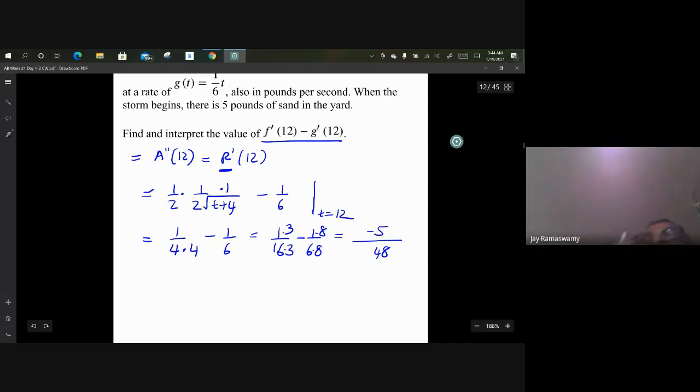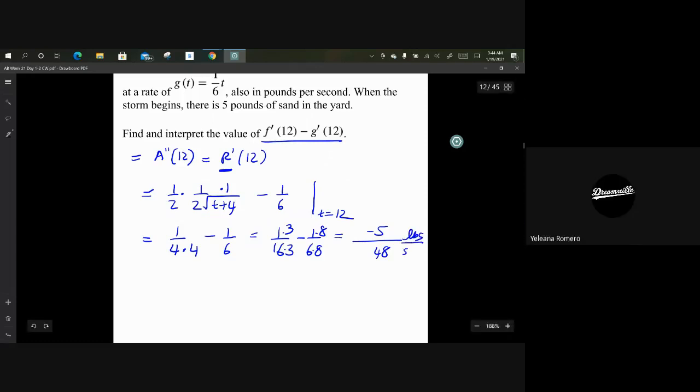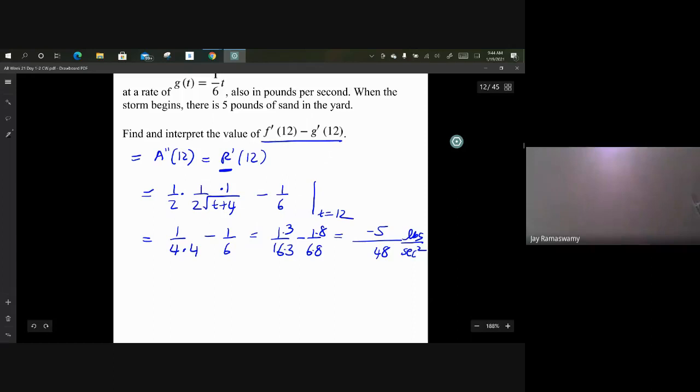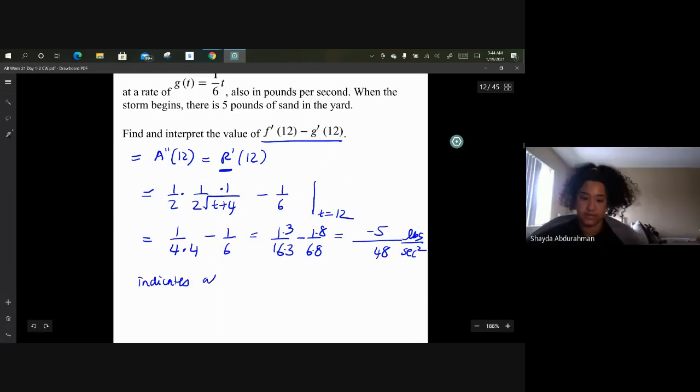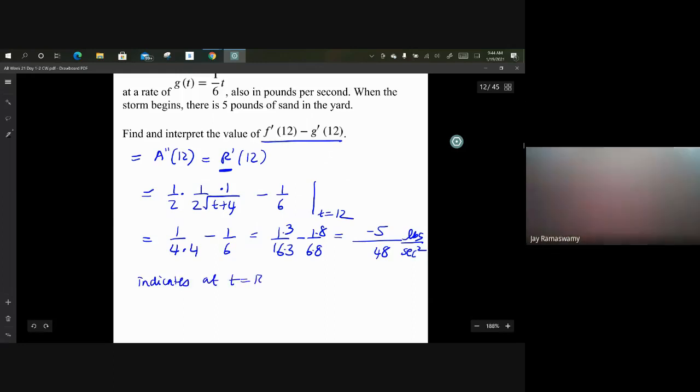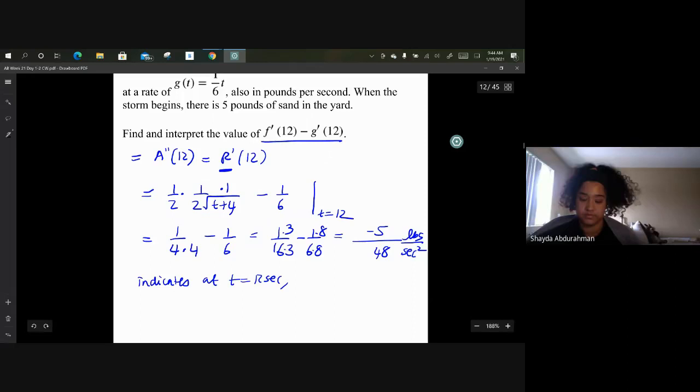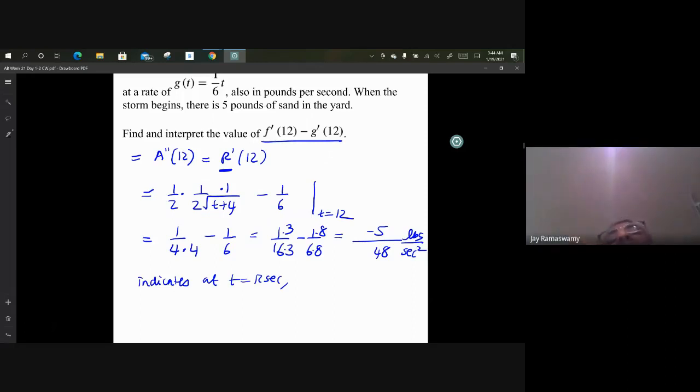Careful. What would your units be? Hint: this was R dash of 12. Pounds per second squared. Okay, let's do interpretations from the first semester. It indicates that at t equal to 12 seconds, look at the base of the first derivative. So do we say the amount is increasing or decreasing, or the rate of change of the amount is increasing or decreasing?